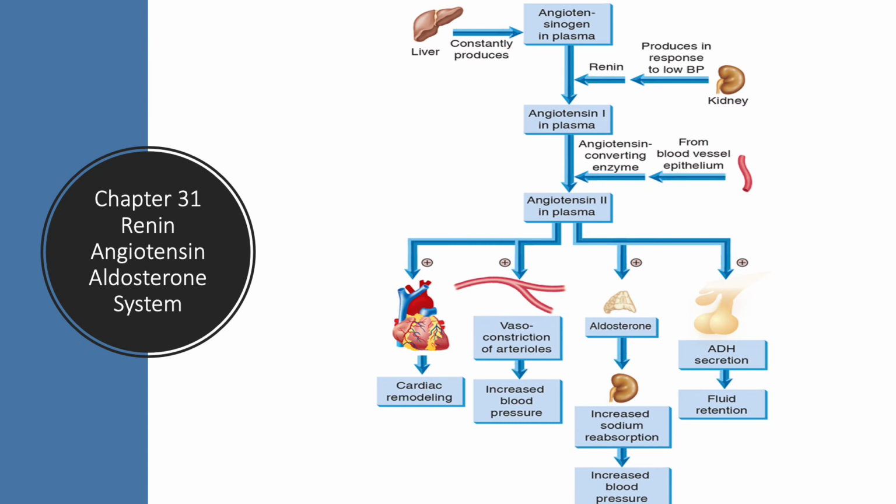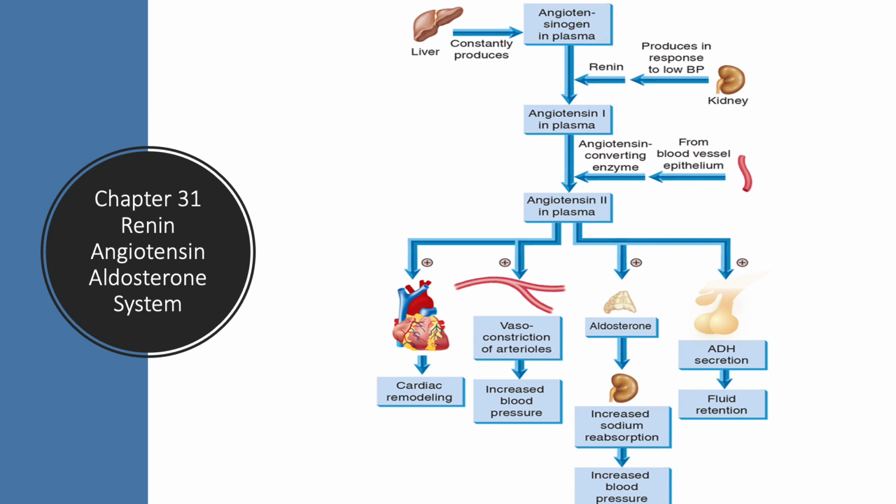It is also involved in cardiac remodeling, meaning angiotensin 2 is going to be involved in increasing the work of the heart to maintain blood pressure. Okay, so now let's go back to all these effects. So ADH secretion.